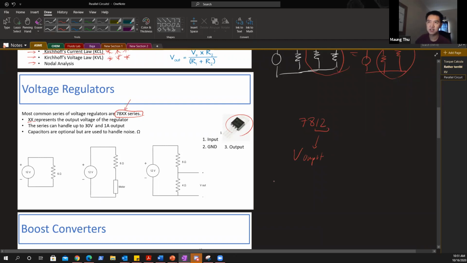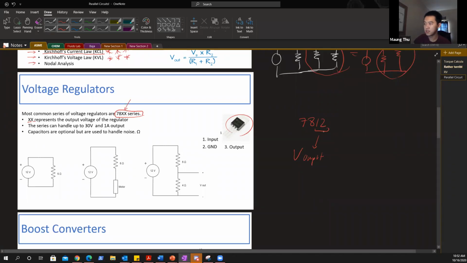Meaning that whatever voltage is coming from the battery, usually the voltage you get from your battery is not constant, right? Over time it's going to have a voltage drop, because it's losing energy, so it's not constant. It's going to fluctuate. So what this voltage regulator does is make sure that before it gets to any type of electronics, it stabilizes that voltage rating.